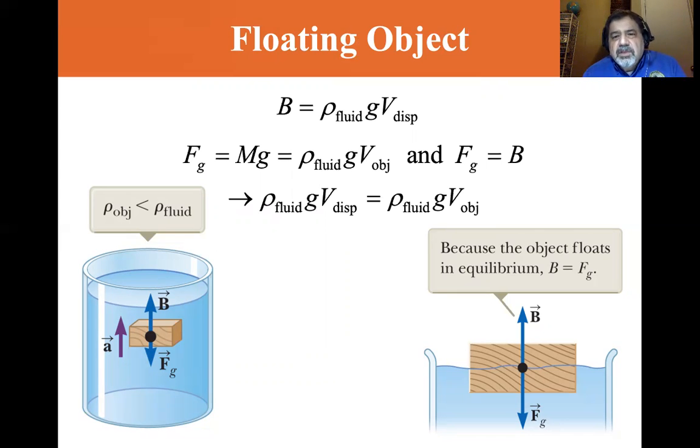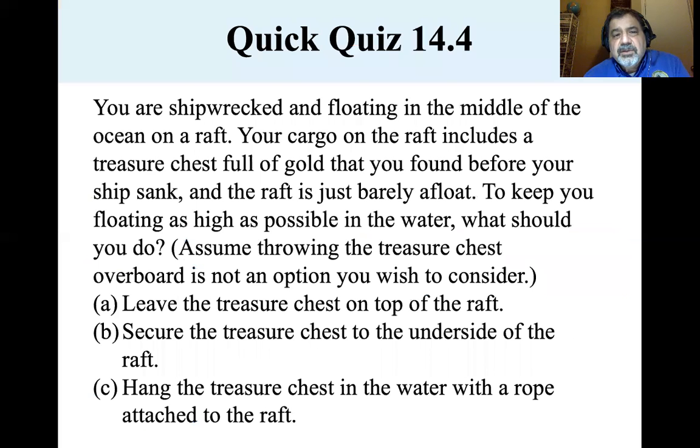Setting them equal gives that the density of the fluid times g times the volume displaced is equal to the density of the object times g times the volume of the object. So the volume displaced divided by the volume of the object is equal to the density of the object divided by the density of the fluid. So you can see the volume of the object and the density of the object are on opposite sides of the equation.